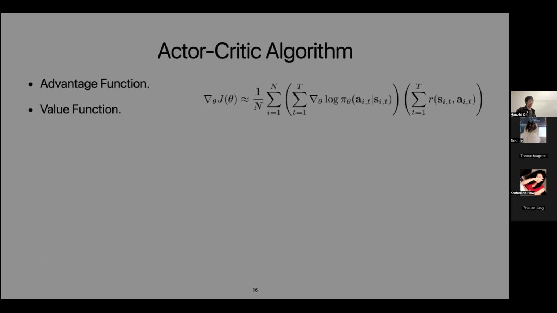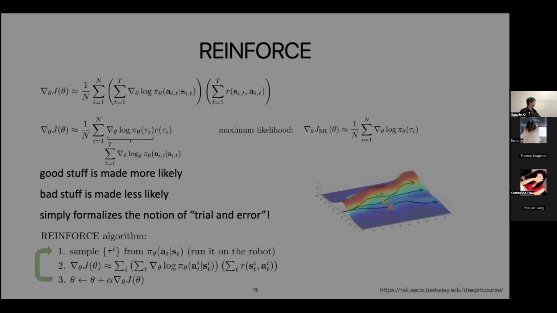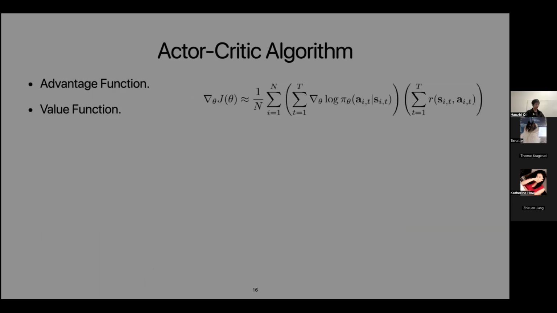However, it also has a lot of problems. One of the major problems comes from evaluating the performance of different trajectories. In this step, if we want a very stable gradient that is helpful for policy learning, we want the evaluation to be smooth and low variance. This means that in the same state, if we take two similar actions, we want the sums of the rewards to be similar.